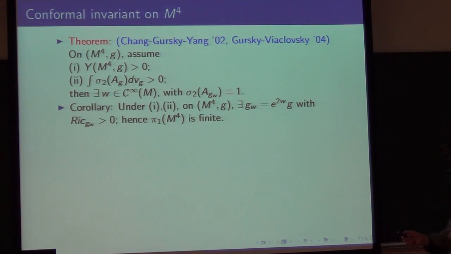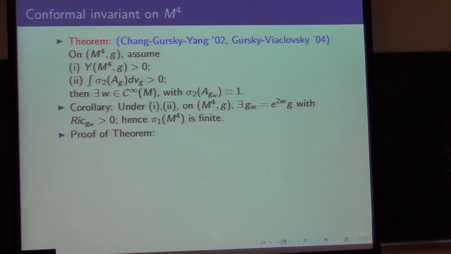And for that reason, combined with the previous result, you know that, for example, in the same conformal class, you can make Ricci positive and the fundamental group is finite. So from the sign of these two conformal invariants, you have some topological consequence.